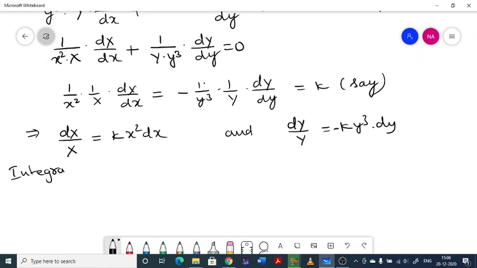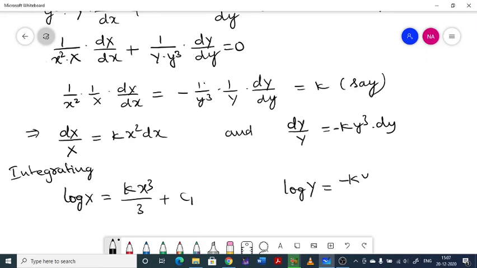Integrating both sides, d capital X by X, that will be log X. Log capital X equal to k, integrating x square you get x cube by 3, so k x cube by 3 plus constant c1. Here log capital Y equal to minus k into y power 4 by 4 plus c2.